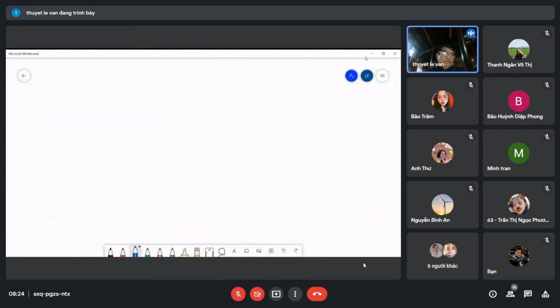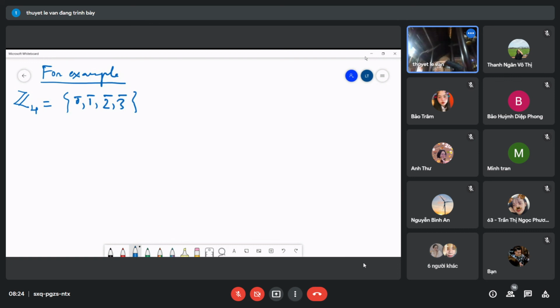I will take a very easy one, Z4, which is 0, 1, 2, 3. You can consider Z4 as a Z module.